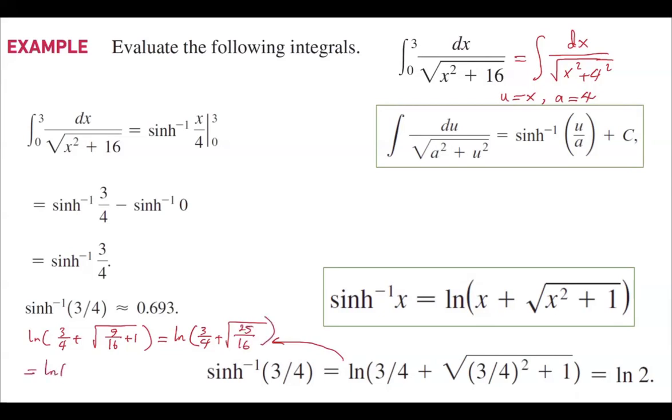So you get ln of 3/4 plus 5/4, or you get ln of 8 divided by 4, or ln of 2, as you see on the right-hand side. So that's the use of hyperbolic functions. When you see a pattern like this, the integral of dx divided by square root of x squared plus 16, this is nothing but inverse hyperbolic sine.